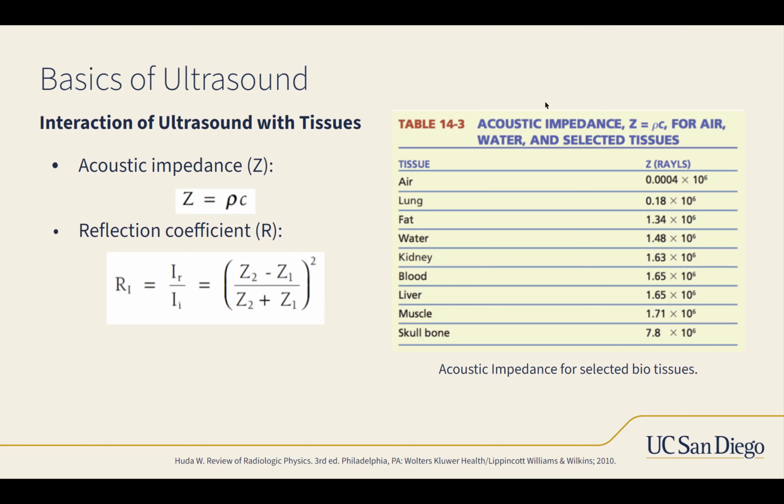But ultrasound relies on the information of the echoing sound wave in order to determine and analyze the position of the thing that's getting imaged. In this case, we're looking at the heart. And here on the right is a quick chart of different acoustic impedances of commonly encountered human tissues.